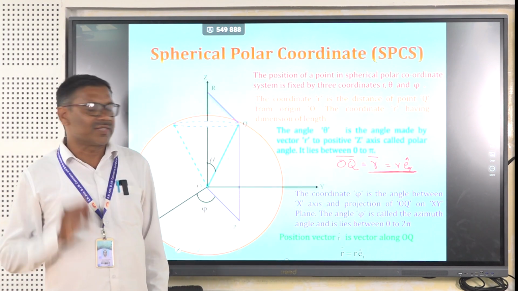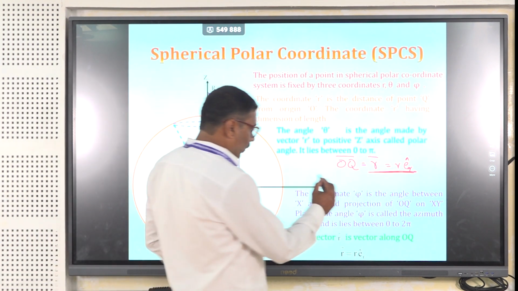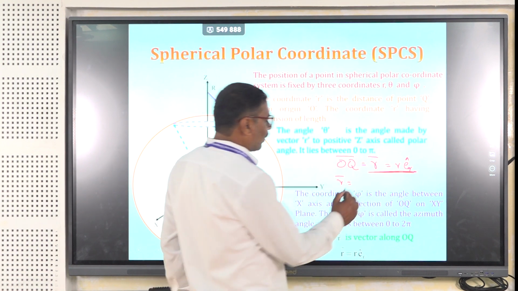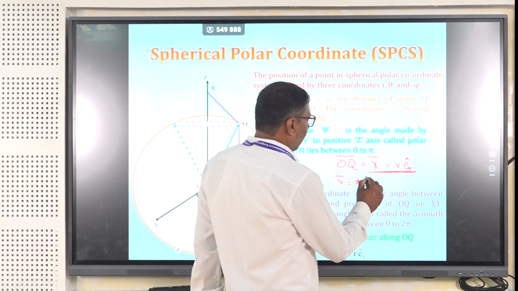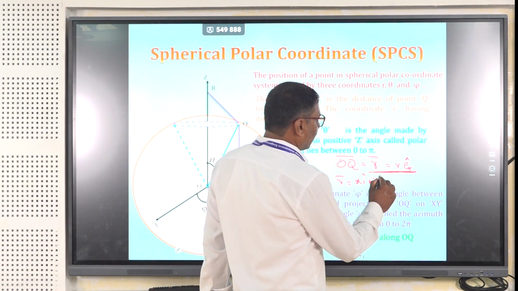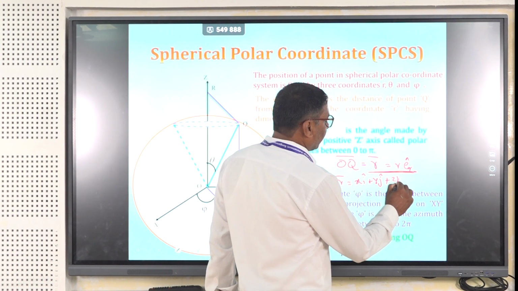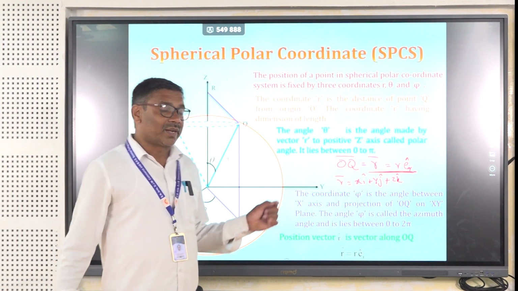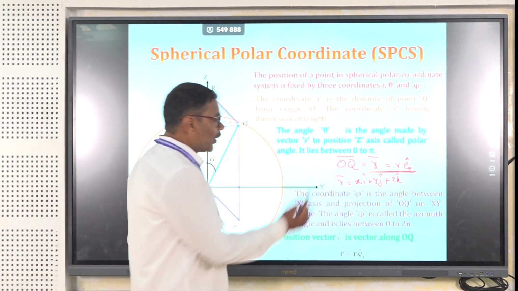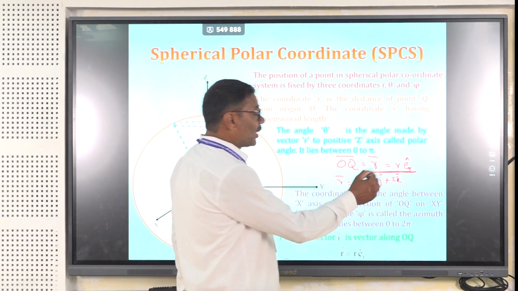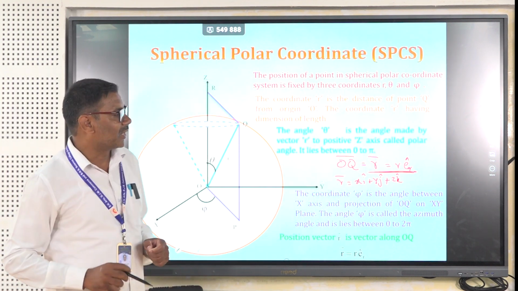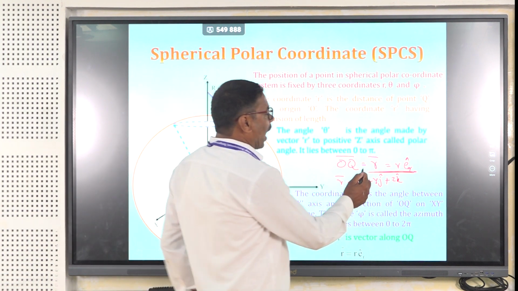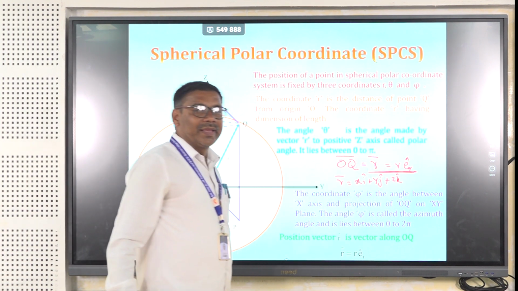While in the Cartesian coordinate system, the position vector is x i cap plus y j cap plus z k cap. That means while representing the position vector in the Cartesian coordinate system, we need 3 coordinates x, y, z, but in the spherical polar coordinate system, r bar is equal to r er cap.